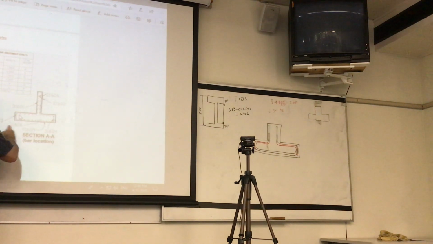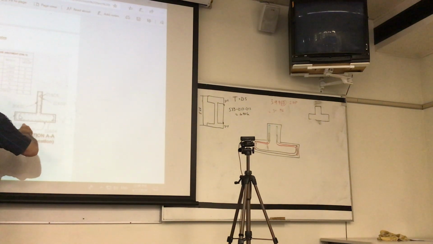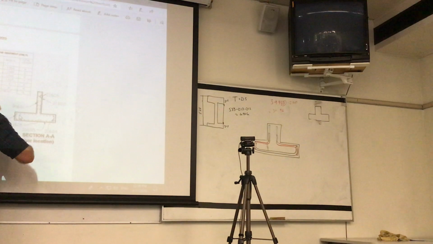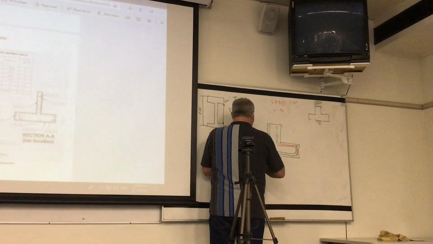1603, 1604, 1605 and 1606 is the little bars there.